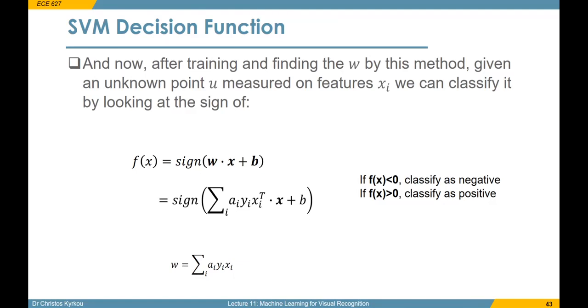Here one can be naive in the implementation and do the sum over all the data points, which you don't have to, since only some have a non-zero alpha. Or you can directly compute w once and then use w just as with the linear classifier before.